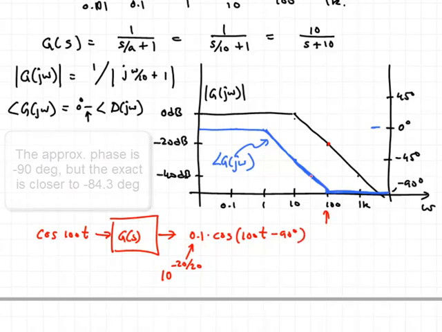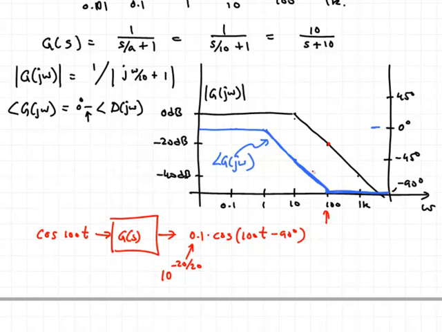If instead I was exciting it at this frequency right here. What is this frequency? If you're halfway on a decade scale, you'd be approximately 30 radians per second. So if I drove this with cosine of 30t, the response here would be minus 10 dB, which is 1 over the square root of 10, since minus 20 dB is 0.1.